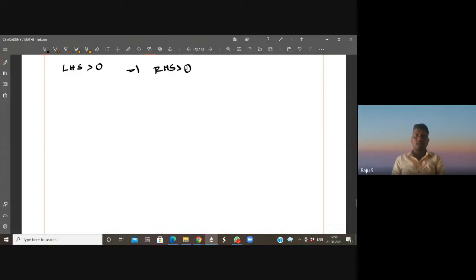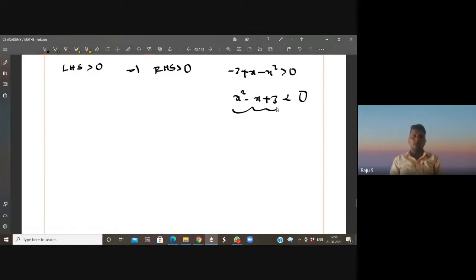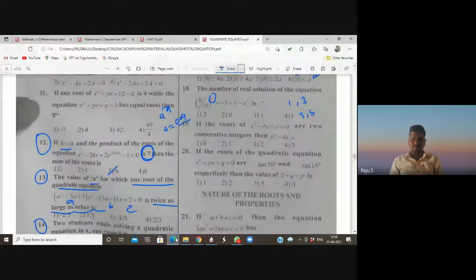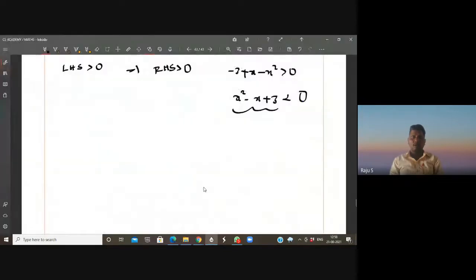What is the RHS sum? When I take minus common, x square minus x plus 3 is lesser than 0. All of you find the roots, students, here. Number of real roots they asked.